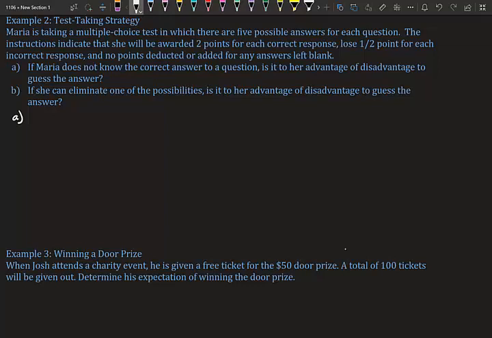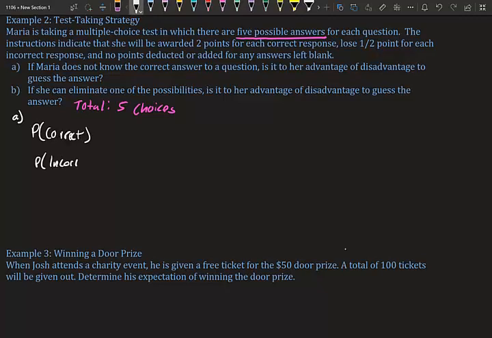So for A, we need to know the probability of getting something right. In total, there are 5 choices, because it's 5 possible answers. We need to know the probability of getting a correct answer and the probability of an incorrect answer.